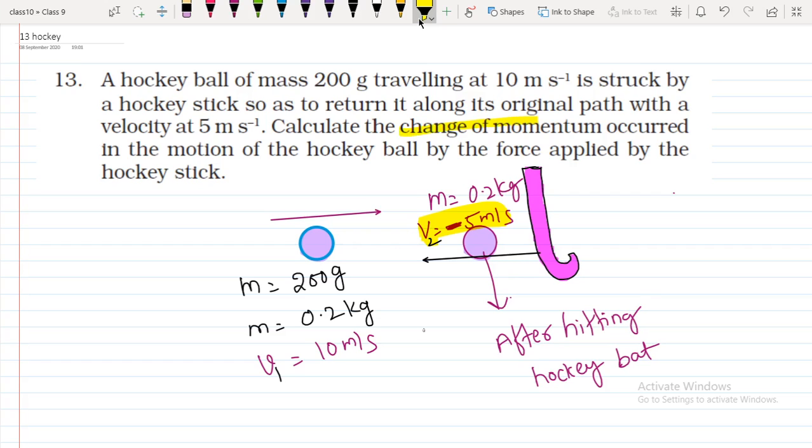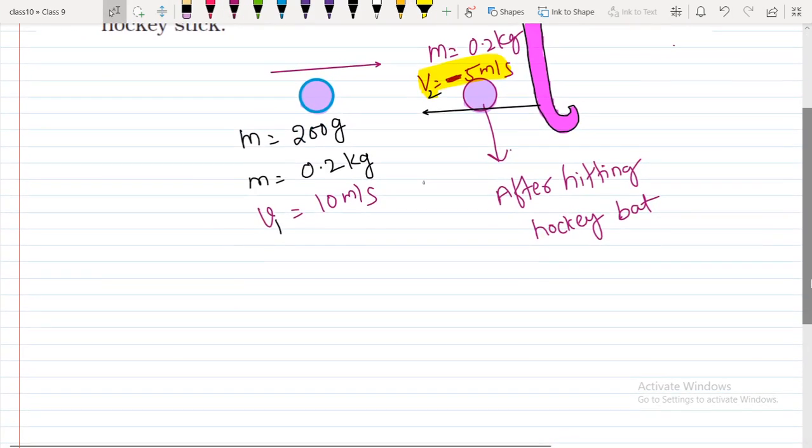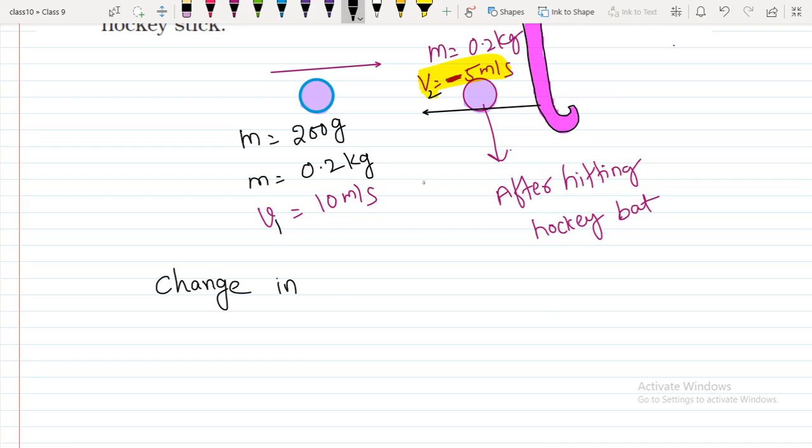Now we need to calculate the change in momentum. What formula can you write? Change in momentum equal to final momentum minus initial momentum, or initial momentum minus final momentum.